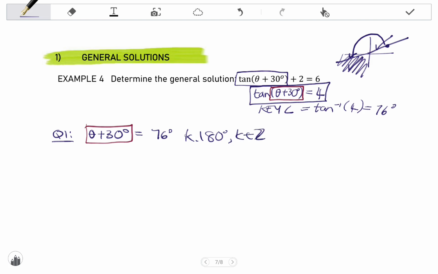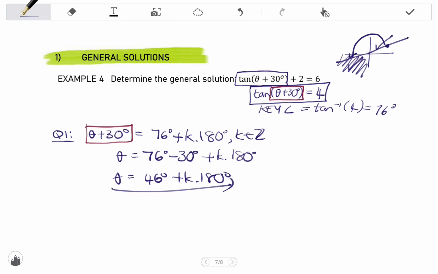Now I need to solve for theta, so I'm going to subtract 30. I only subtract 30 from my key angle, not also from the 180. So theta is thus equal to 46 degrees plus k times 180 degrees. My final answer.